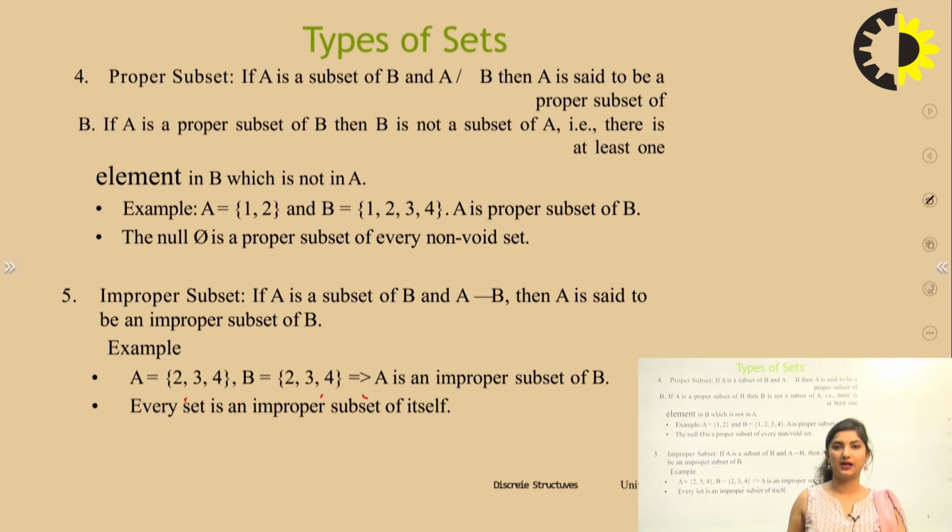The proper subset means it's in proportion. For example, there are 6 elements in the main set A, but B has only 2 elements. That is a proper subset, because only then we call it a subset. Had there been an equal number of elements in both sets, what would be the difference? It's actually its own set. So that is an improper subset.